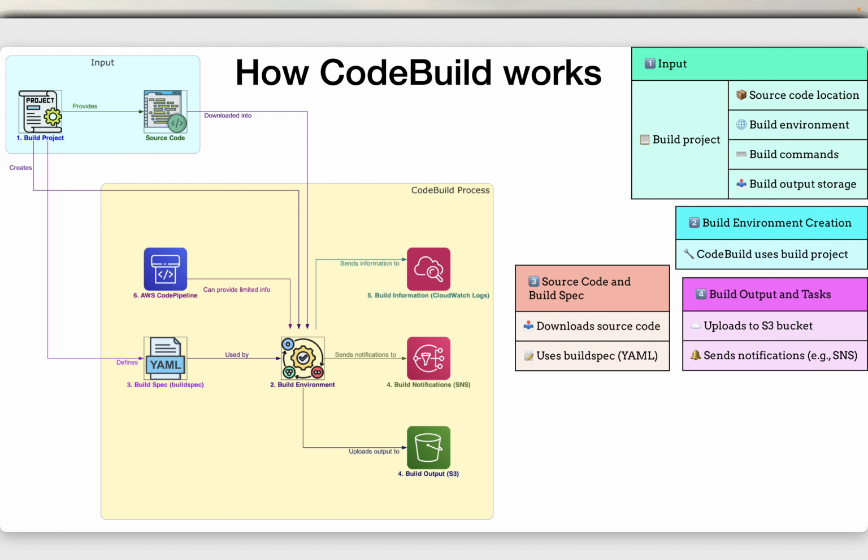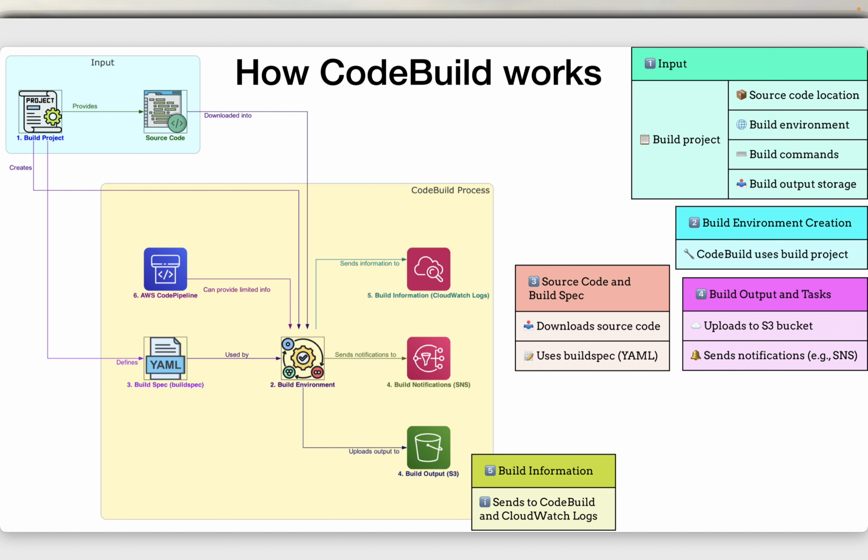If there is any build output, the environment uploads its output to an S3 bucket. The build environment can also perform tasks that you specify in the build spec. For example, sending build notification to an Amazon SNS topic, simple notification topic, so that you can get notified via email, SMS, and through some chat messages and all.